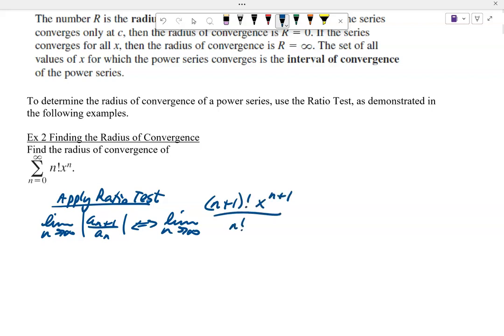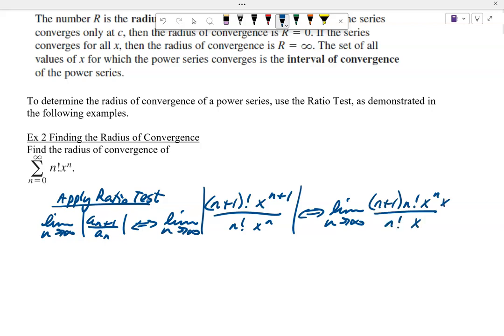This is over the original nth term. So then n plus 1 times n factorial. I have x to the n, x to the 1, and factorial x to the n. Notice those will cancel.